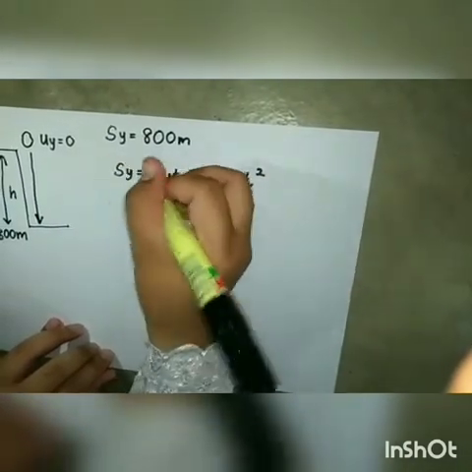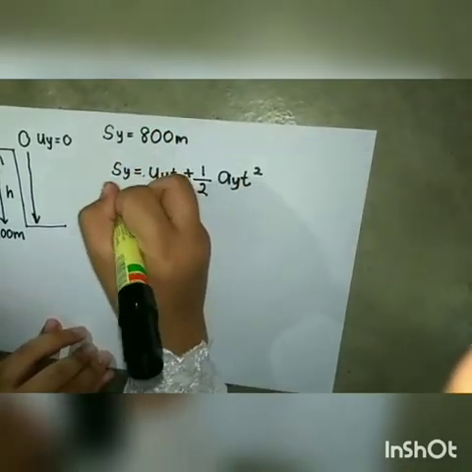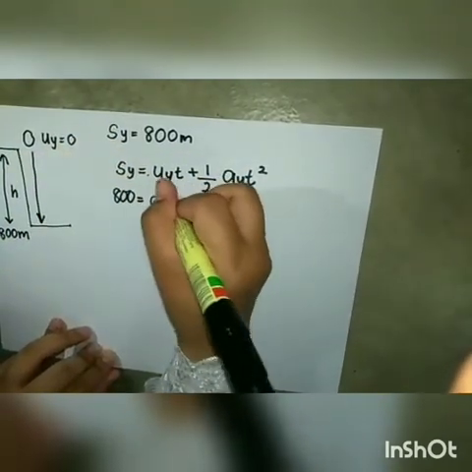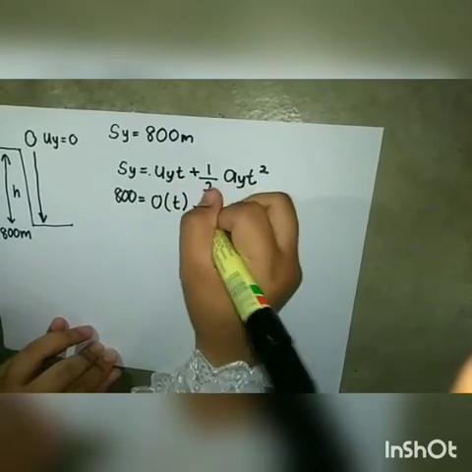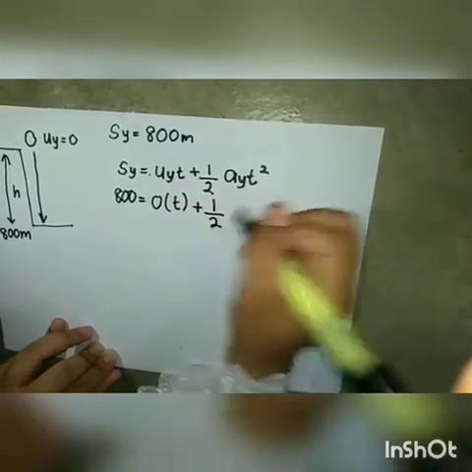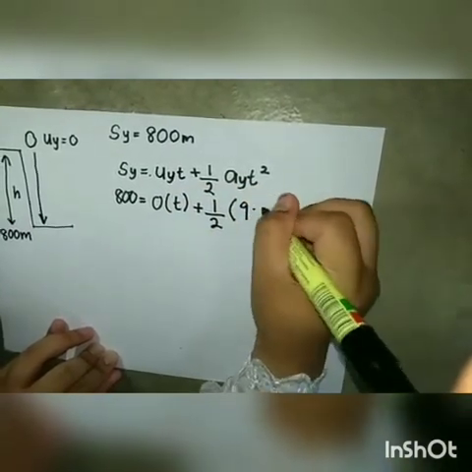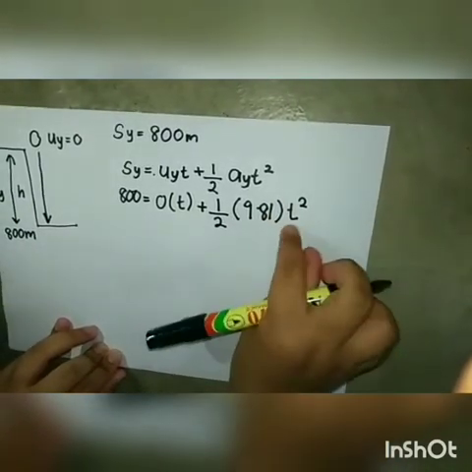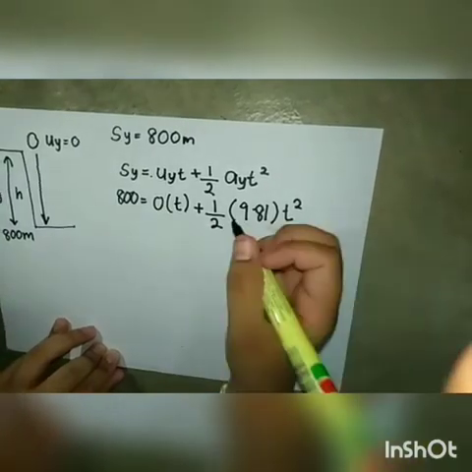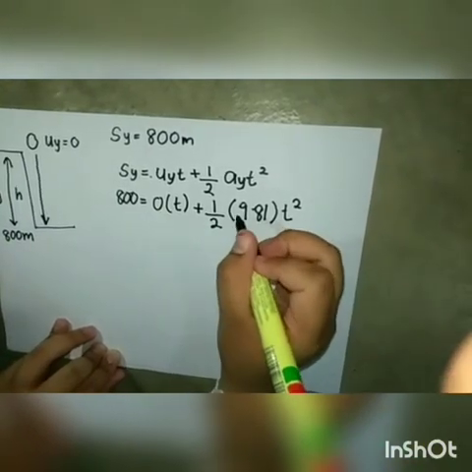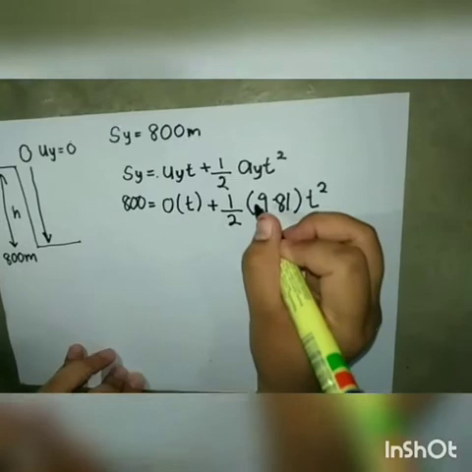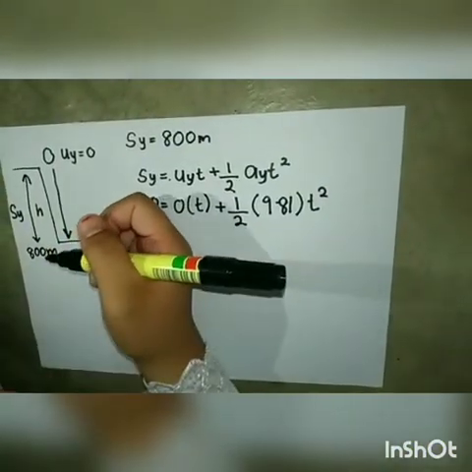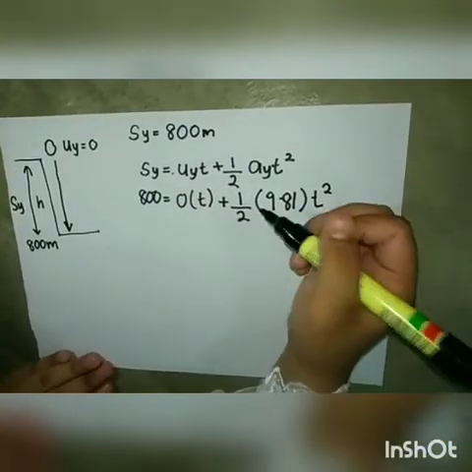So sy equal to 800, uy equal to 0 times t plus 1/2 times 9.81 times t square. We want to find t here. We must use the gravity acceleration as positive because it's going down. If it is opposite to gravity, we must use negative.